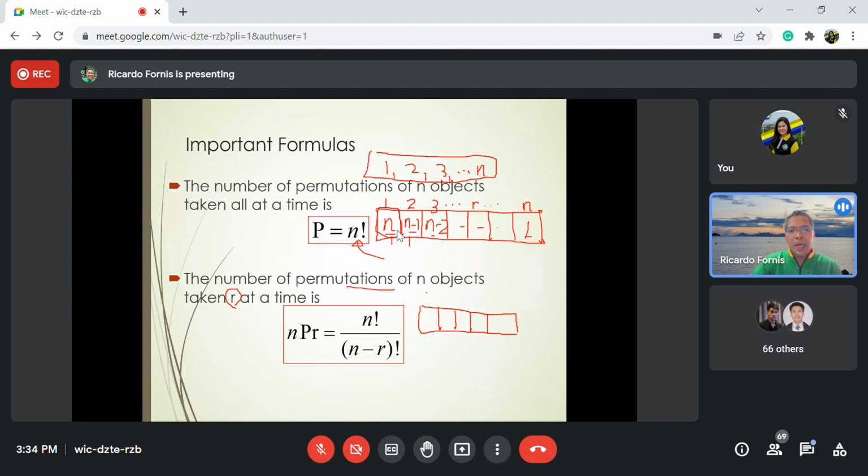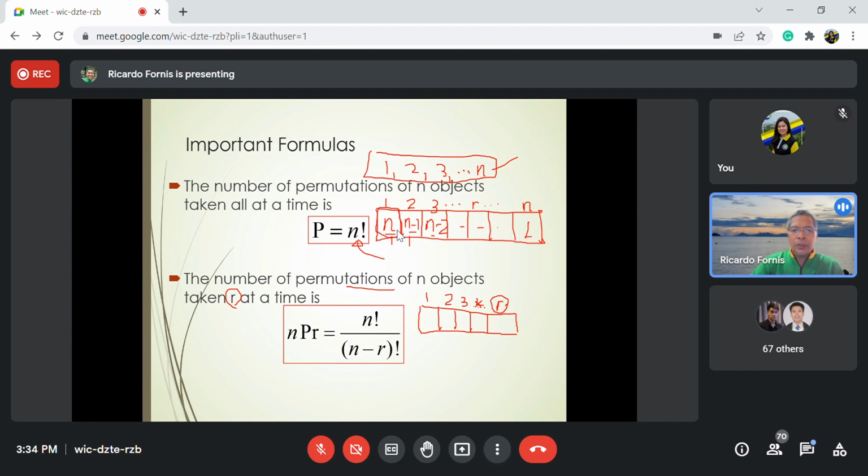So this is box number 1, box number 2, box number 3, number 4, and so on. And this is now box number R, because we want to collect only R objects. We don't want to collect all of them at a time.